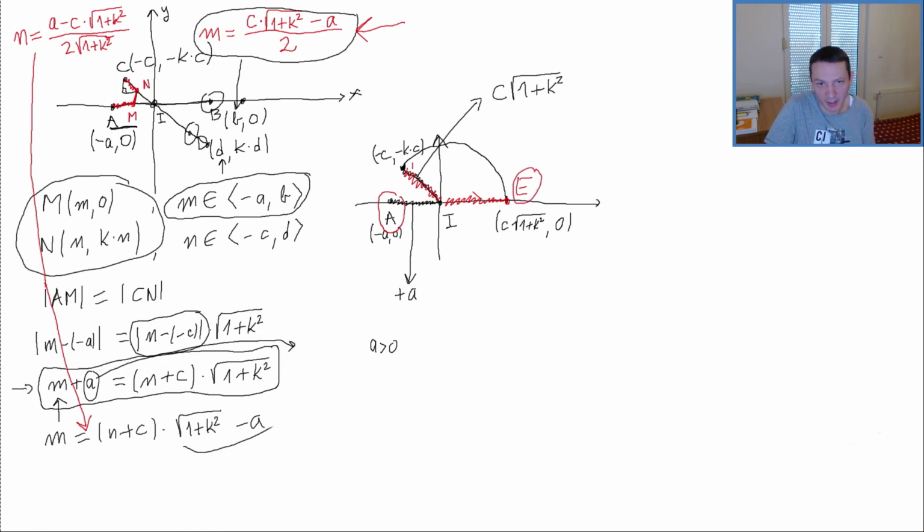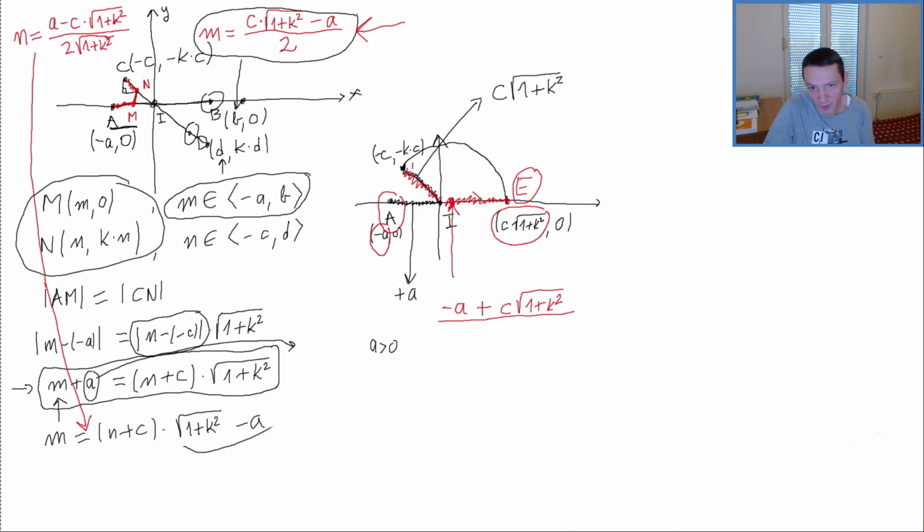So A has x coordinate minus a, and E has x coordinate c times the square root, and the midpoint of these two will be somewhere here, and the midpoint will have the coordinate which is the arithmetic mean between these two, minus a plus c times square root, over 2.